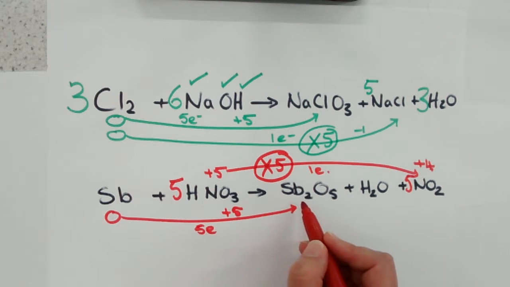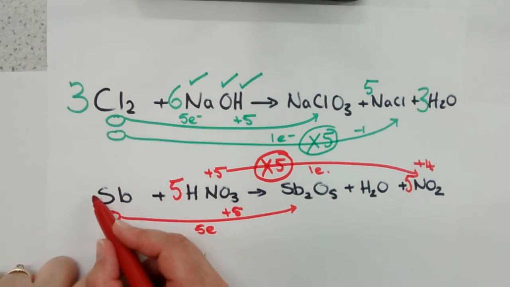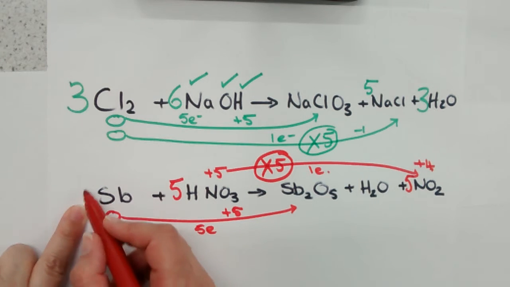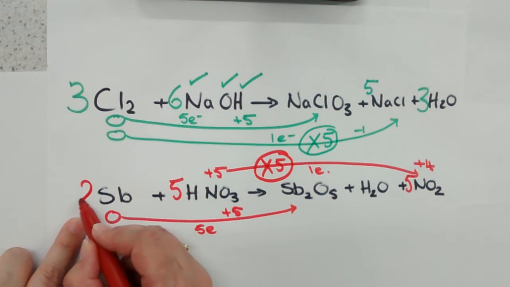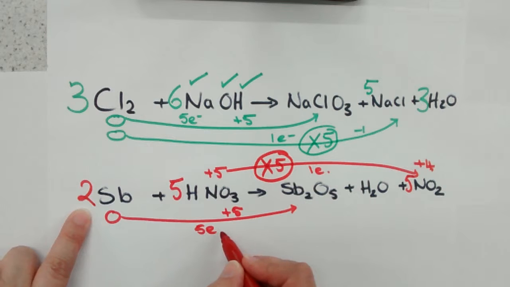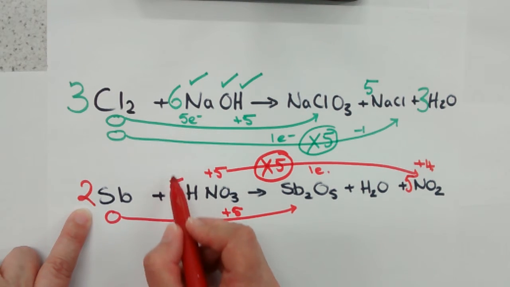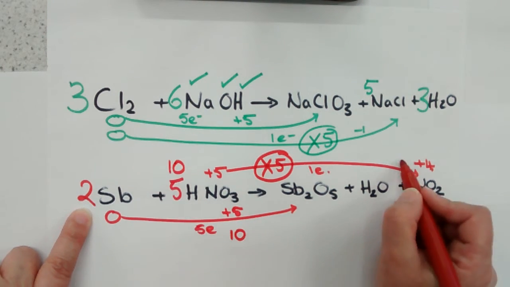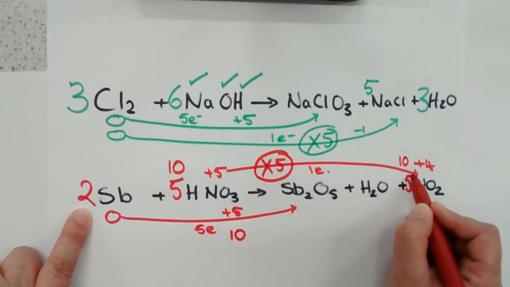If I go back to my antimony, I need 2 of these. So if I need 2 of these, I've just changed this to a 10 electron process. So that means that I also need to put a 10 in there and a 10 in there.